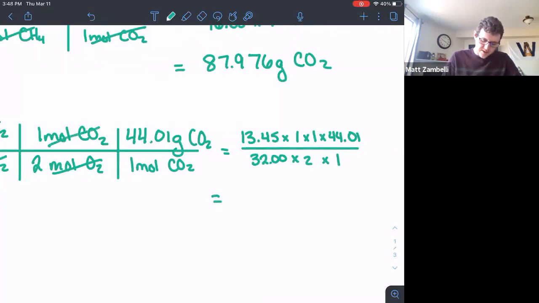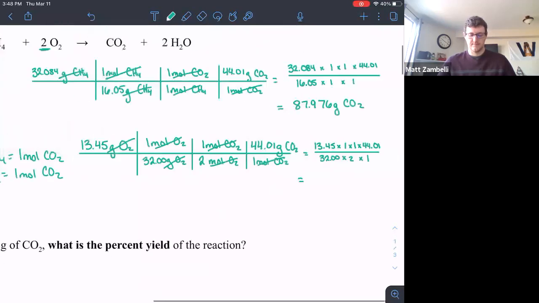And what is our answer for this problem? 9.250 grams of CO2.